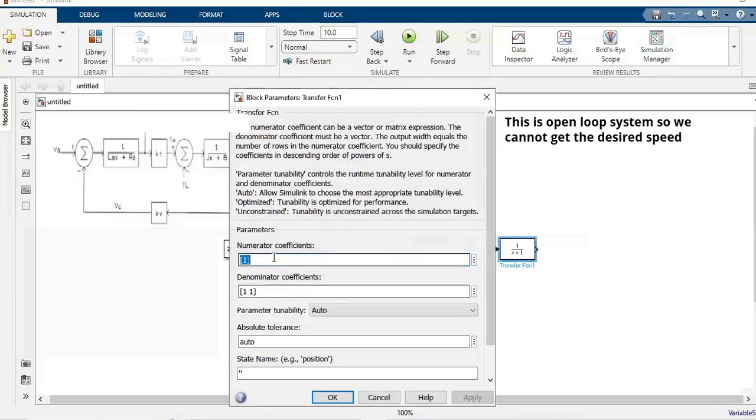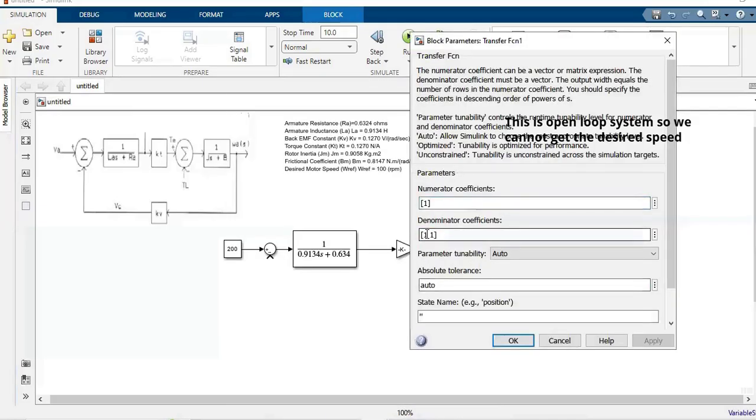So the numerator is 1, and in the denominator J is 0.9058, and the B value is 0.8147.